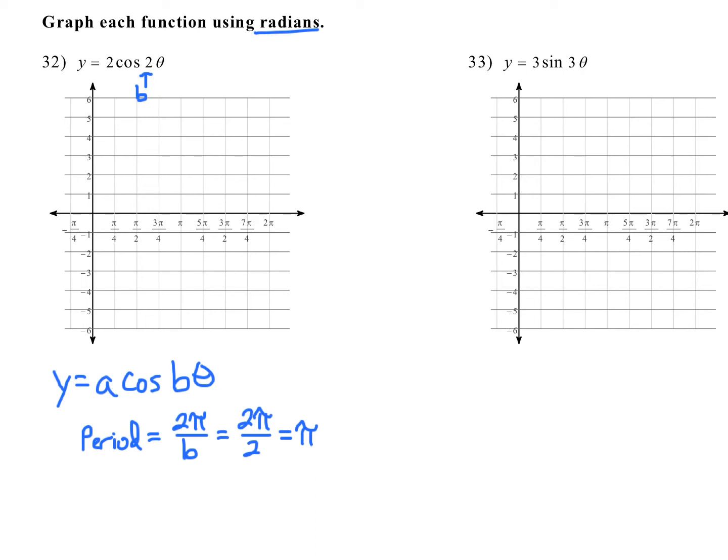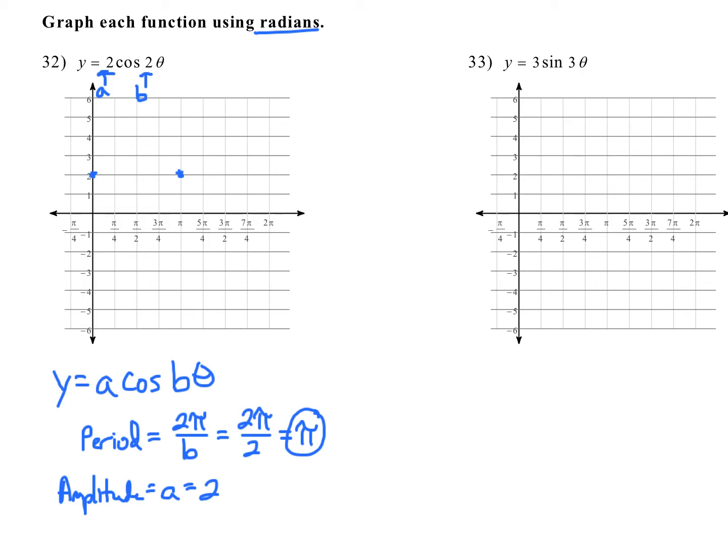And in a cosine function, we begin and end at our a, our amplitude. So our amplitude is a, which is 2. So that means that we start at 2, we end at 2. Well, our period is pi, so we look at pi on the x-axis, and we're going to end at pi comma 2.